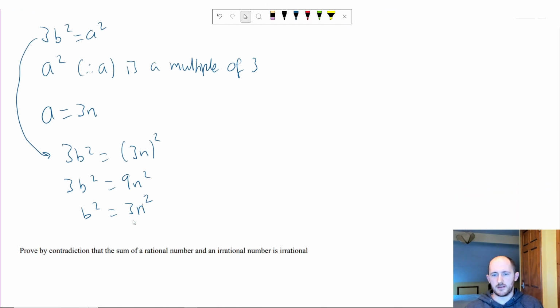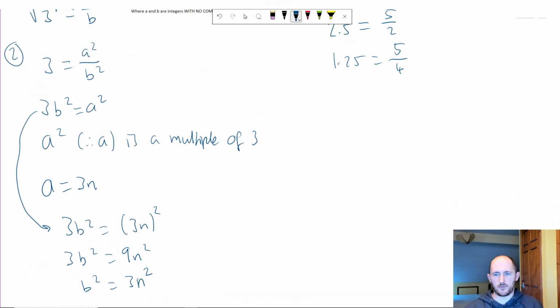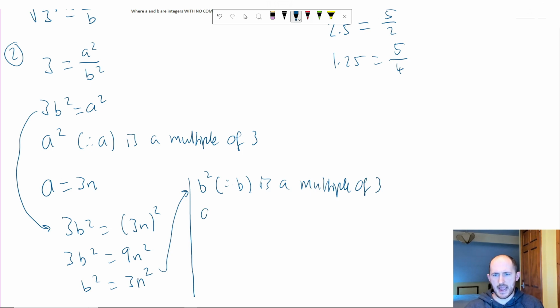Hang on a minute. 3 times an integer again. Well, that means that b squared, and therefore b, is a multiple of 3. Well, that means that A and B are both multiples of 3.